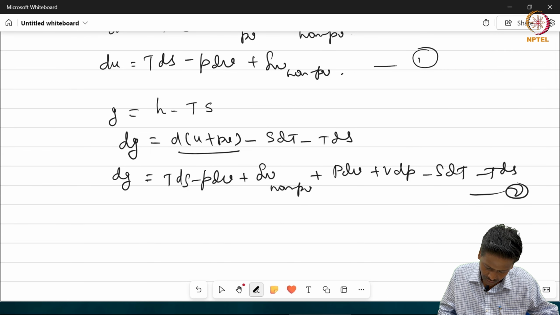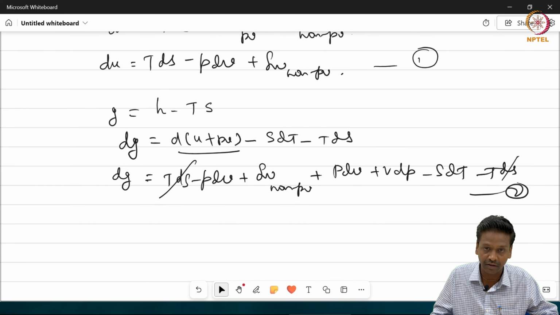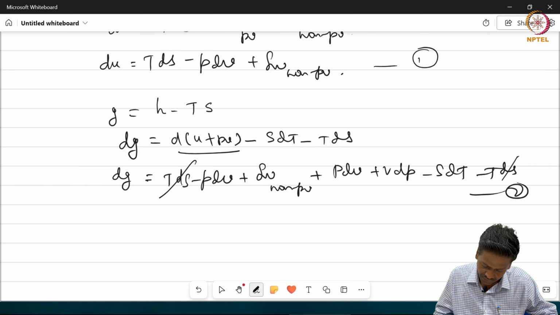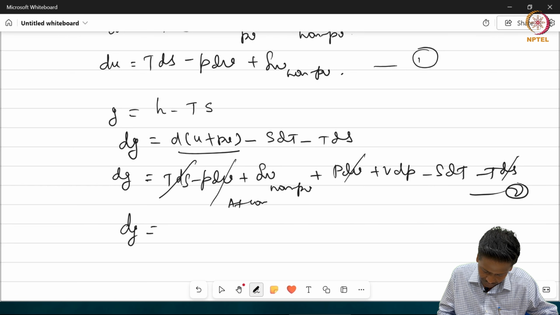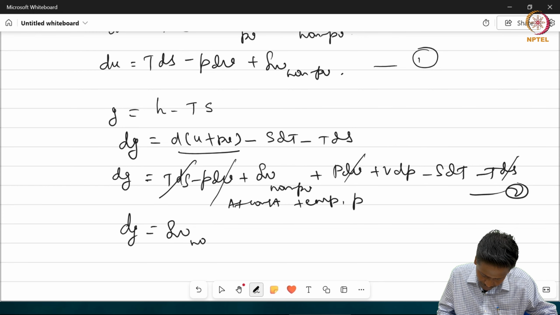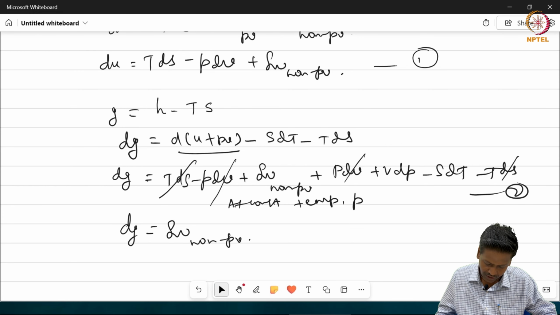Now we know that plus TdS and minus TdS both get cancelled, and minus PdV and plus PdV both get cancelled. If we impose a condition of constant temperature and pressure, we simply get δW non-PV.